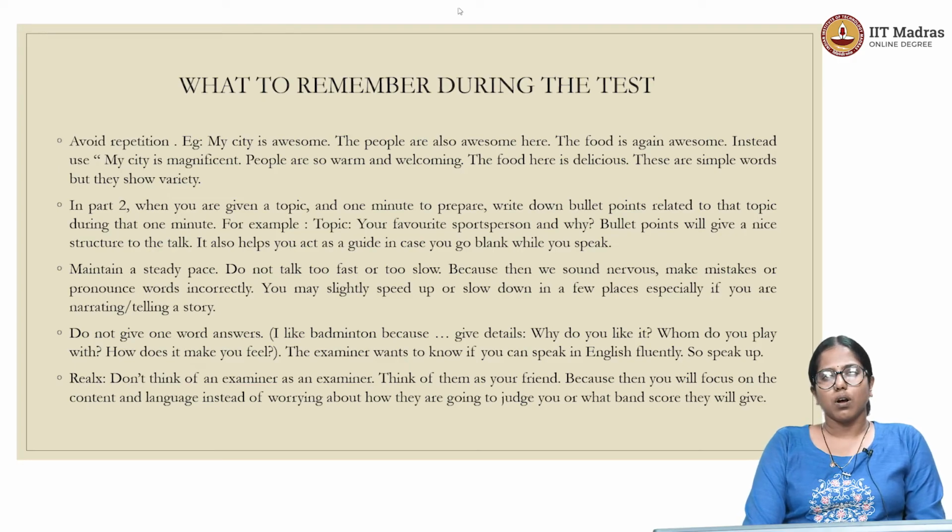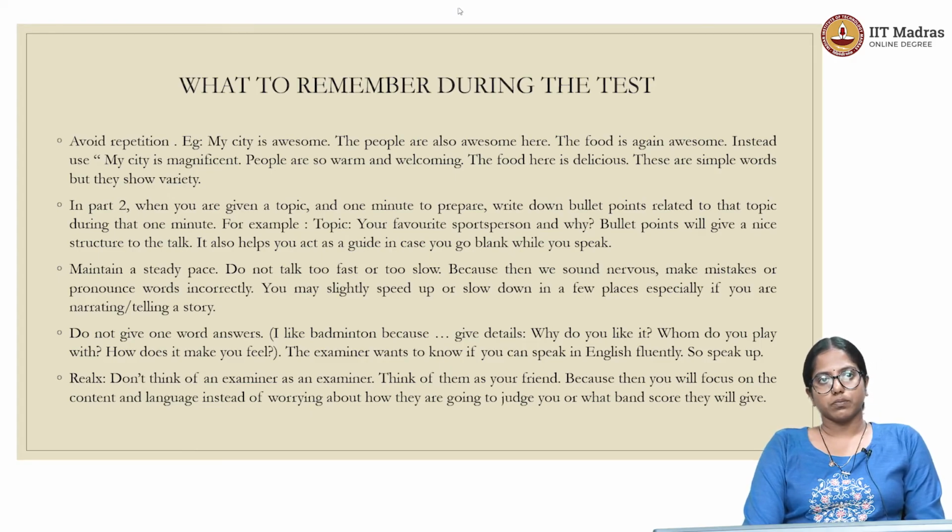These are words that are so much overused. So instead of using words like awesome and good and great, I would suggest you rephrase and say something like, my city is magnificent. People are so warm and welcoming. The food here is delicious. So these are simple words, but they show variety, and this will definitely help you improve your band score.